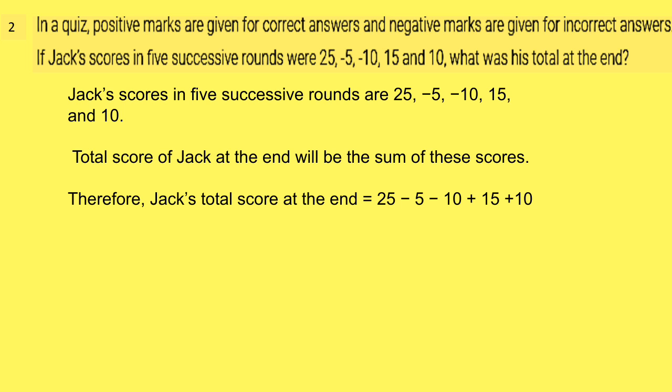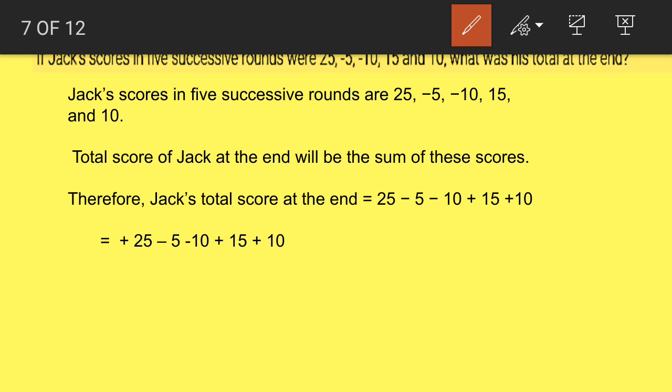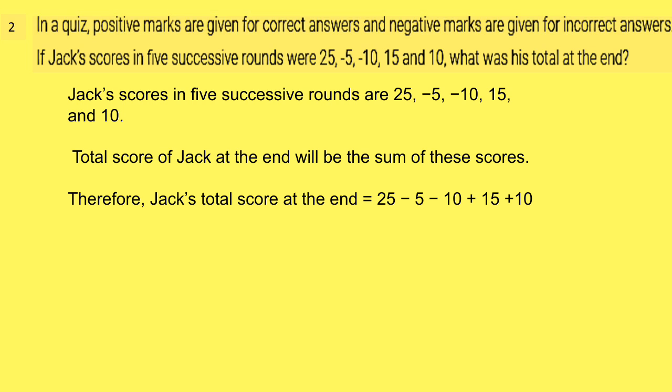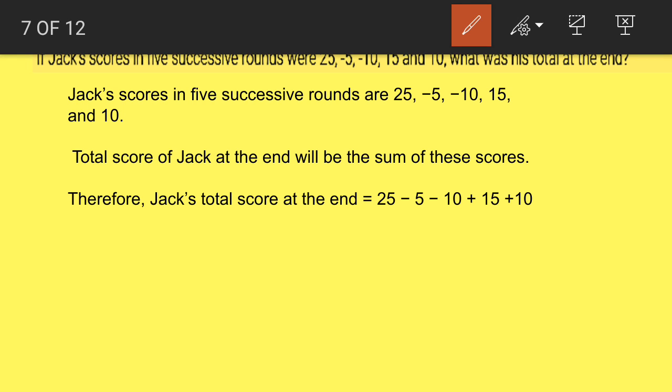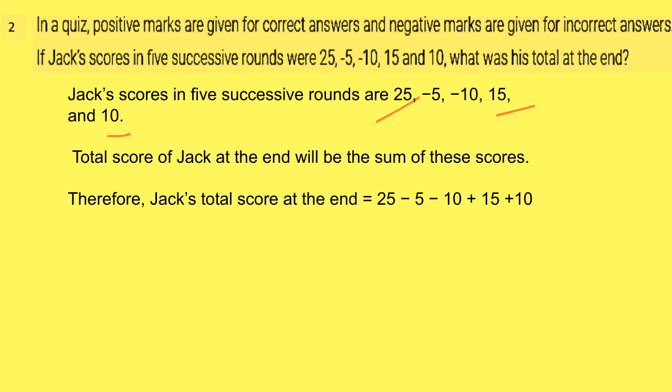Here we don't have the symbol for 15, and 10 also, then 25. So I will write a plus symbol in front of these integers like this. Plus 25, minus 5 is there, minus 10 is in the question, plus 15 and plus 10.